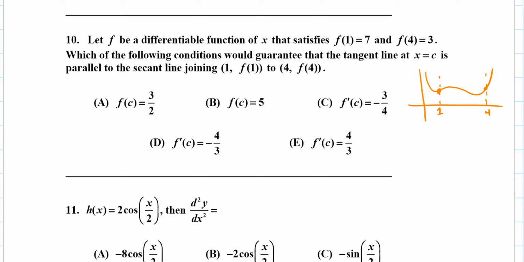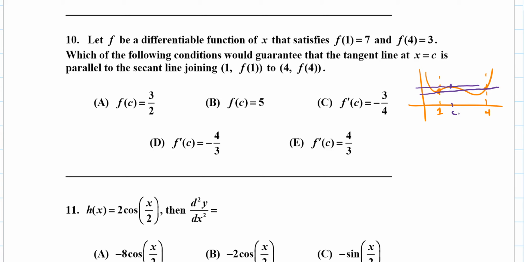So if we have a secant line from 1 to 4, which of the following conditions would guarantee that the tangent line at c is parallel to the secant line? So we have a tangent line somewhere in here that is parallel to that secant line, something like that. So maybe right there, that's point c.